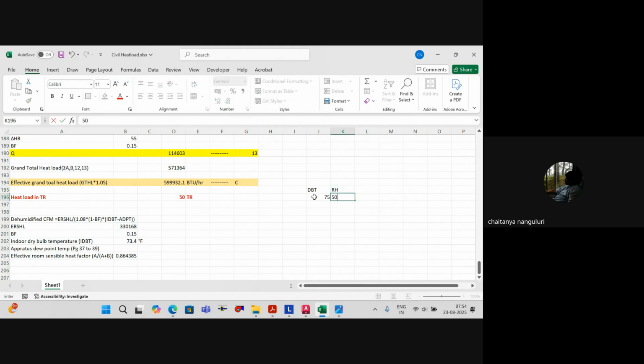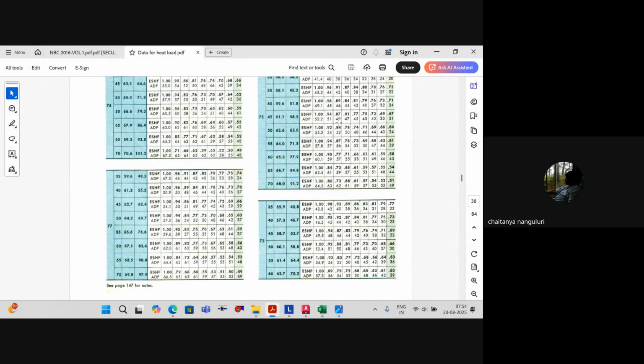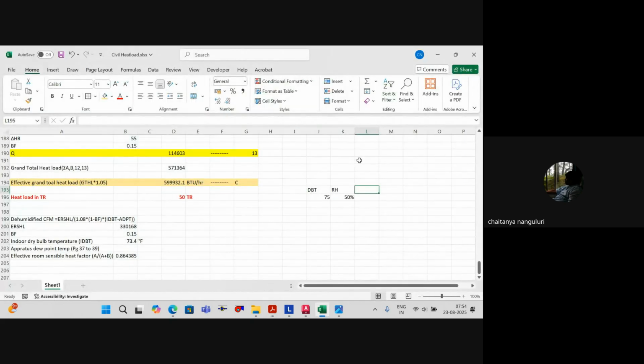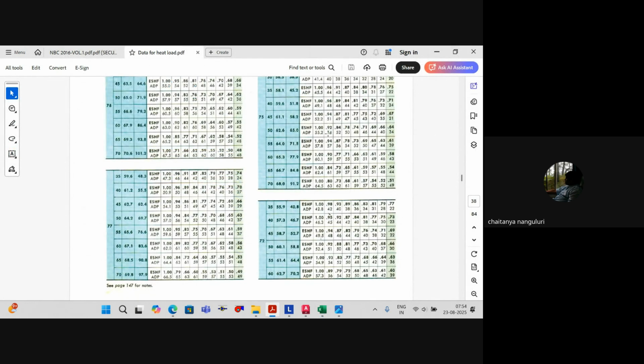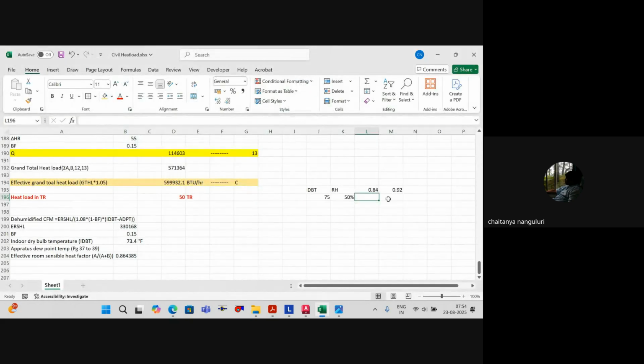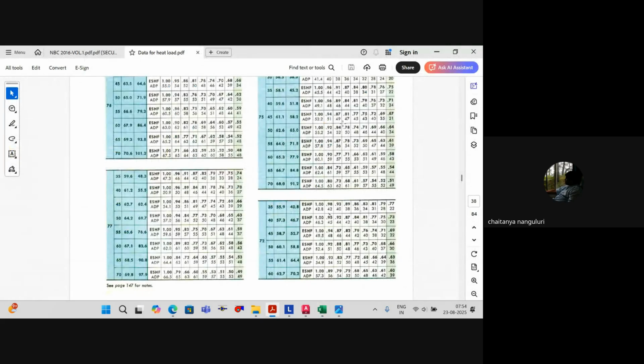So for this one, what is the value? 0.84 and 0.92. For 0.84, what is the value? 52. You agree? For 0.92, what is the value? 54. You agree?